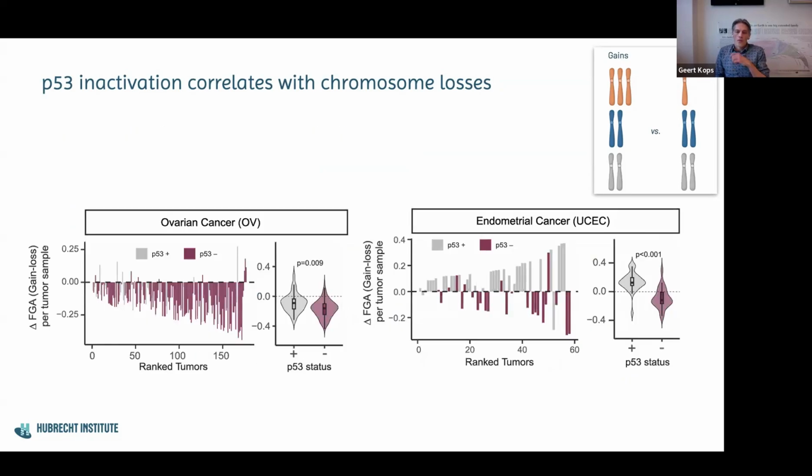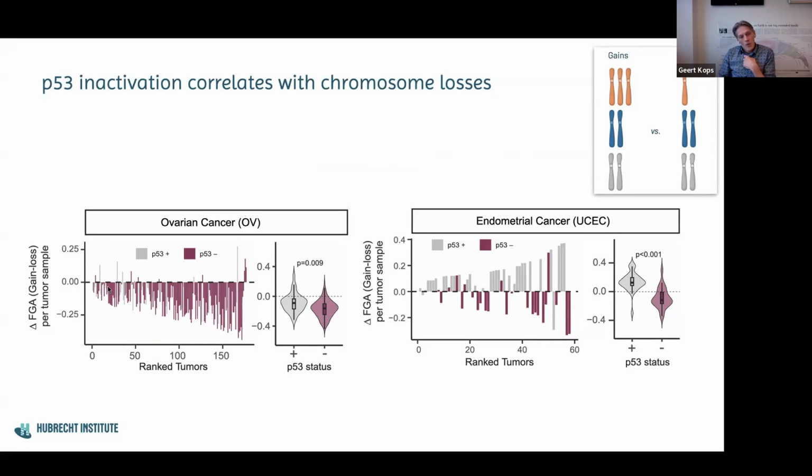So we wanted to sort of explore this a little bit further. So what we did here is we did what we call a delta FGA. So we subtracted the fraction of the genome altered for losses from those of the gains, meaning that if you're below the 0 line, you have lost more of your genome than you have gained on average.